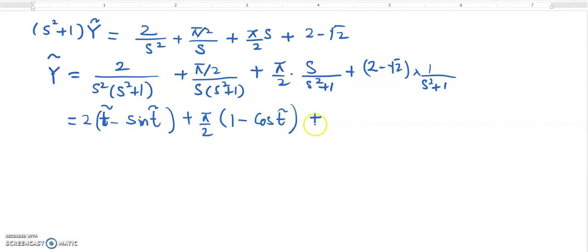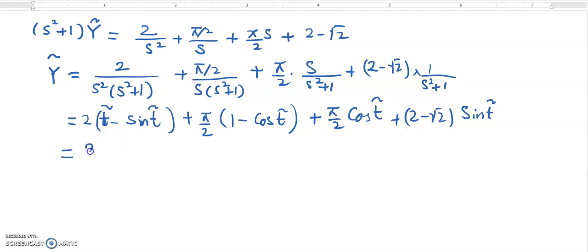This expression is for the cosine Laplace, so it will be pi over 2 cosine of t tilde, and then this one is 2 minus under root 2 for the sine of t tilde. Okay, so now we can simplify this expression.